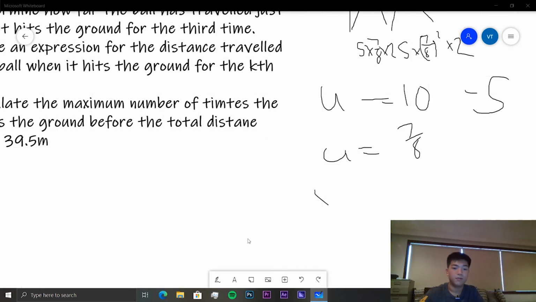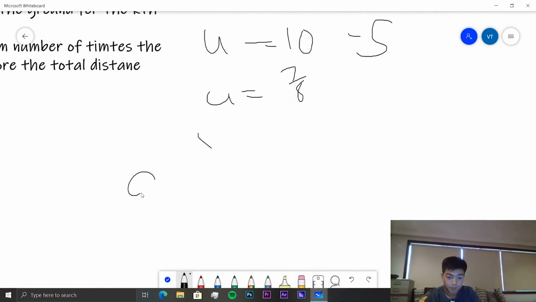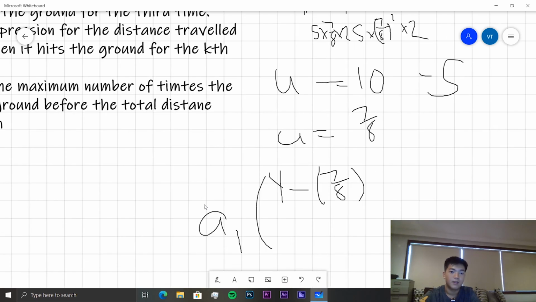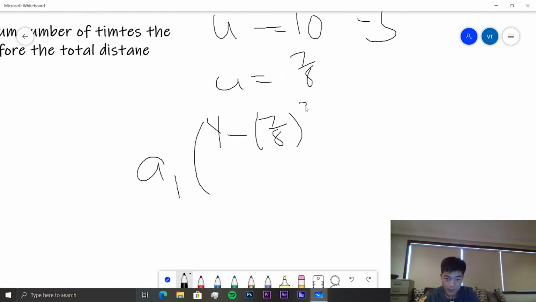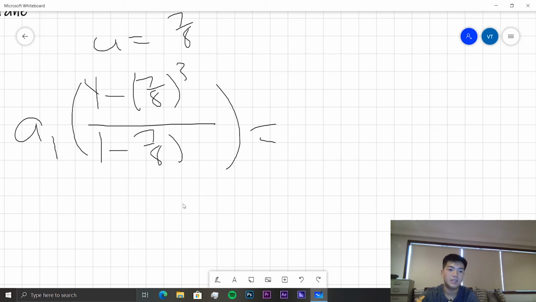So we have 1 minus r to the n over 1 minus r. So we have a times 1 minus the ratio to the power of n, over 1 minus the ratio. So in this case, 7/8 to the power of, how many? 3, over 1 minus 7/8. So this is equal to, I mean, technically minus 5.